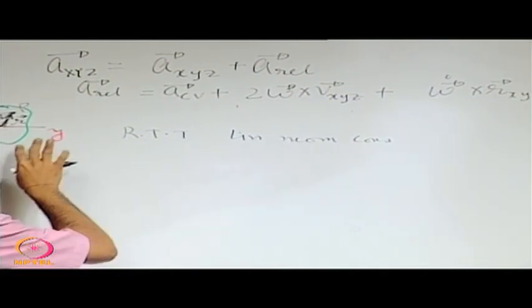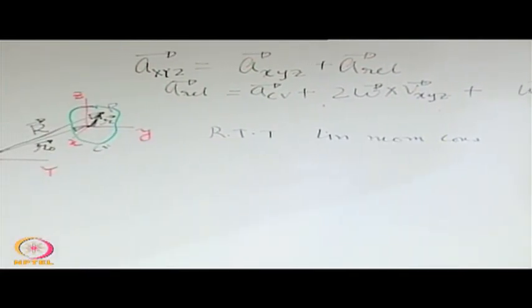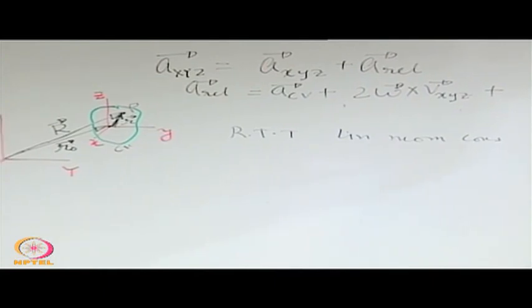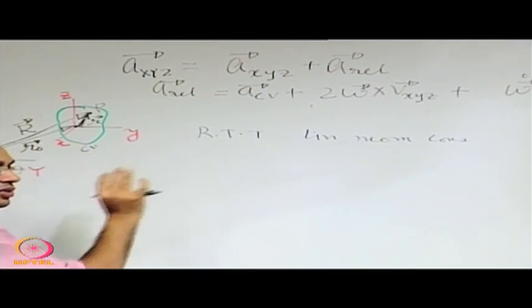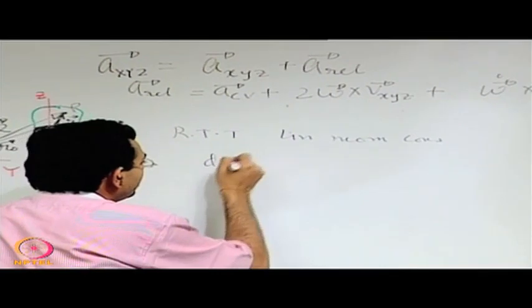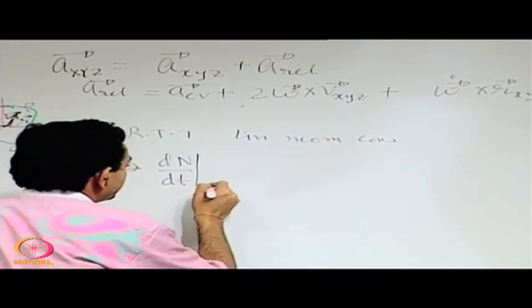Let us say that we are interested to write the theorem relative to this control volume. This green colored contour is the surface, control surface of the control volume, and that is our basis for which we are writing the theorem. So, let us first write the general theorem, dN dt of the system.